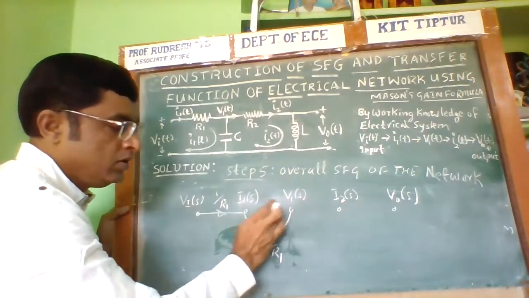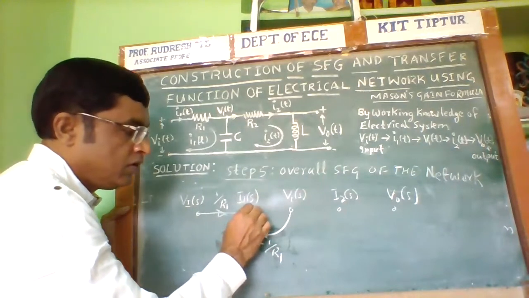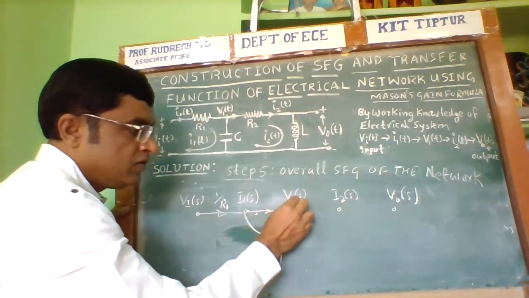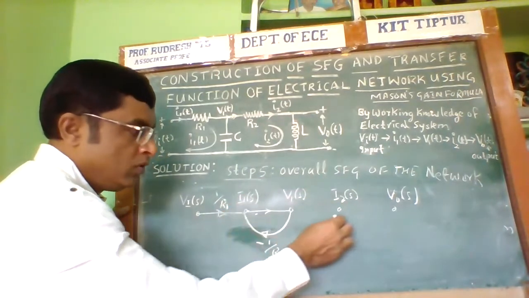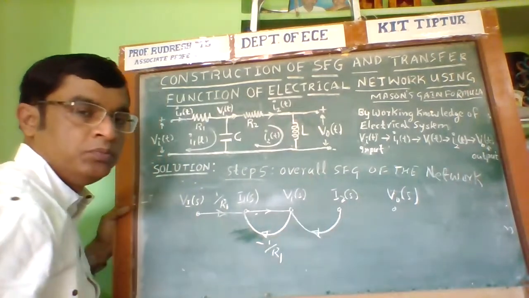The output of this section goes to the input of the next section. Now, what is the output of the next section? This is the output and this is the input. This section is derived in step 2.